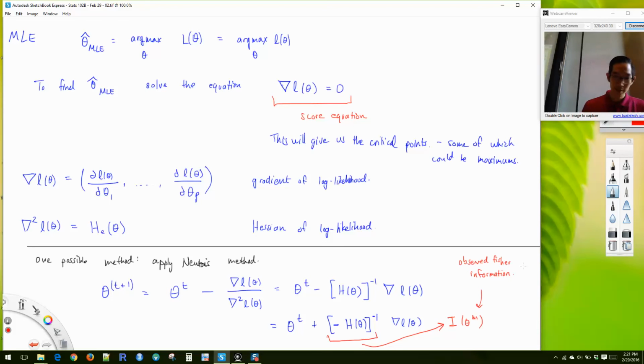So this would be applying Newton's method to update our estimates at time t plus 1.